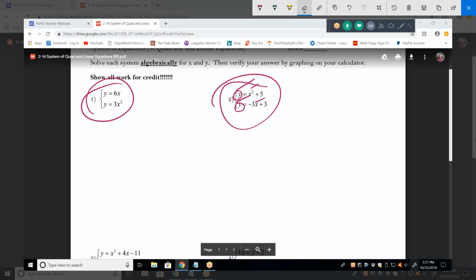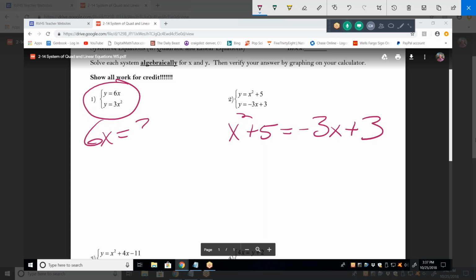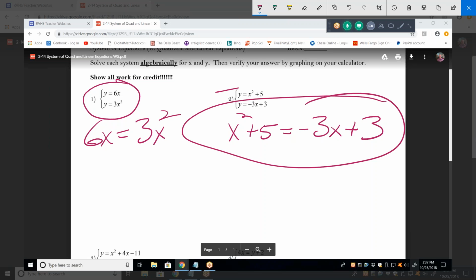If this y equals the other y, then by definition, x squared plus 5 equals minus 3x plus 3. Over here I had y equals one thing, y equals another thing, therefore 6x equals 3x squared. Same thing here. I had y equals that thing, and y equals that thing, therefore that thing equals that thing.